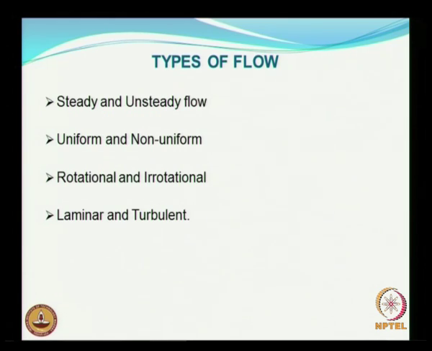Having gone through the basics of fluid mechanics, very briefly, we will now look into the types of flow. We have broadly classified 8 types of flows: steady and unsteady, uniform or non-uniform, rotational or irrotational, laminar or turbulent.